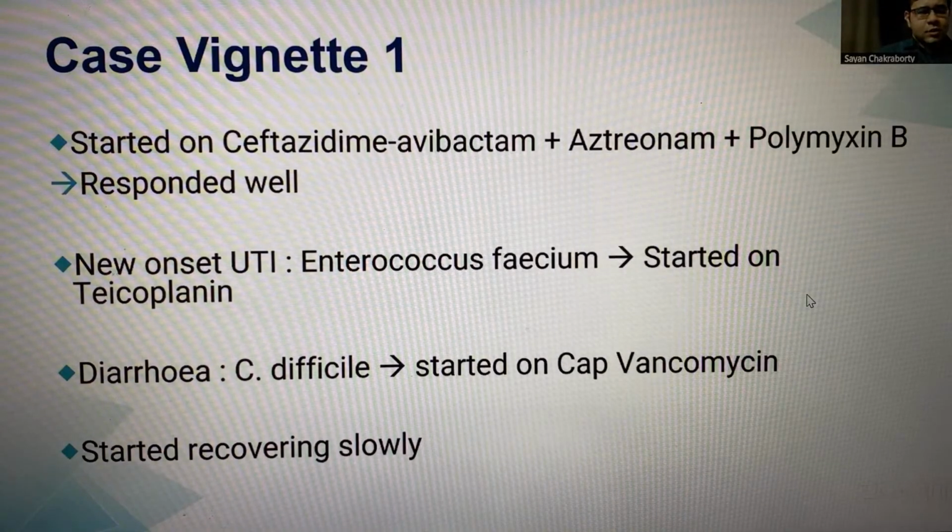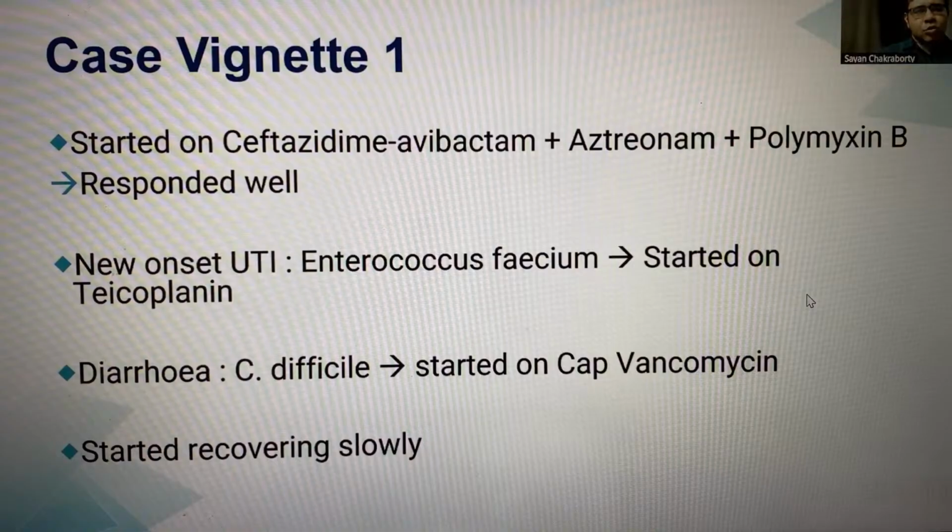This time she was put on ceftazidime-avibactam, aztreonam, and a polymyxin B combination, and she responded quite well to that. Her oxygen requirement came down, and she was doing well. This time a new onset UTI happened, which was awaited. It was an Enterococcus species. She was started on teicoplanin, and again she responded.